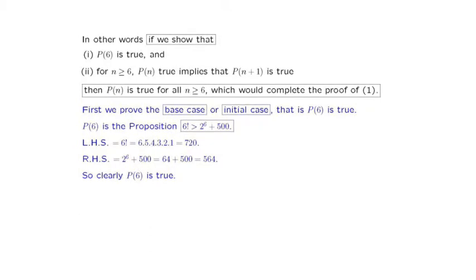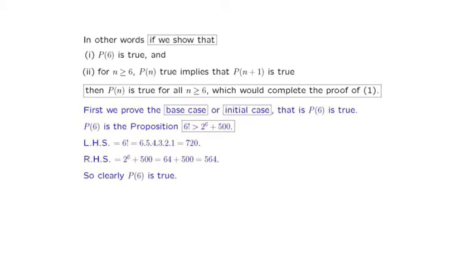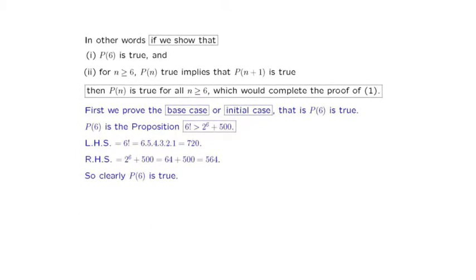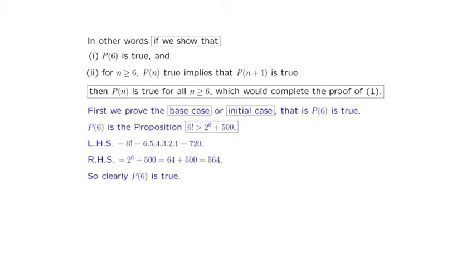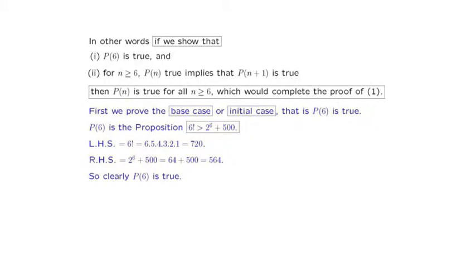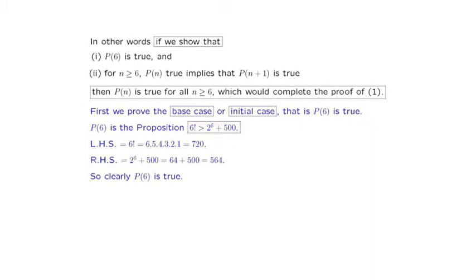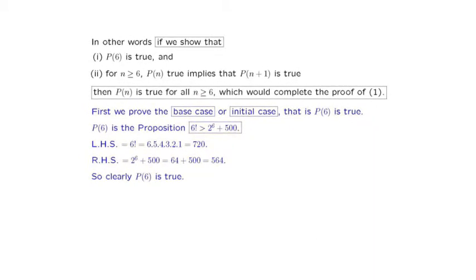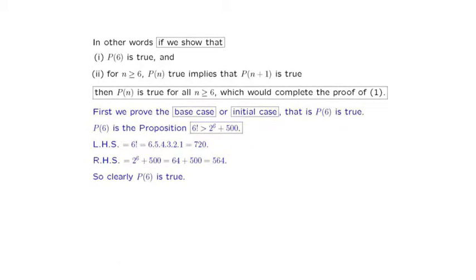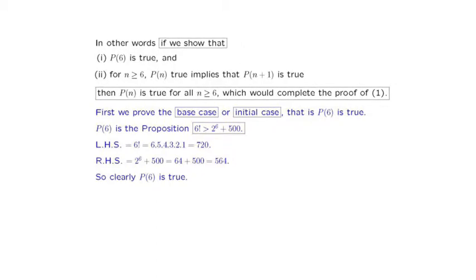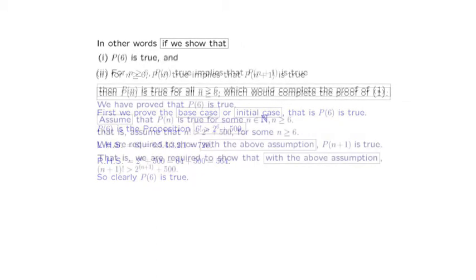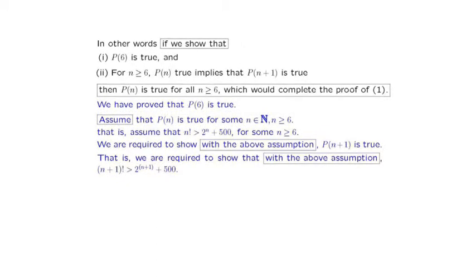Now let us look at the right-hand side. It's 2 to the 6 plus 500. That is 64 plus 500, which is 564. Of course, 720 is bigger than 564, so our proposition P6 is indeed true. So we have proved that P6 is true.